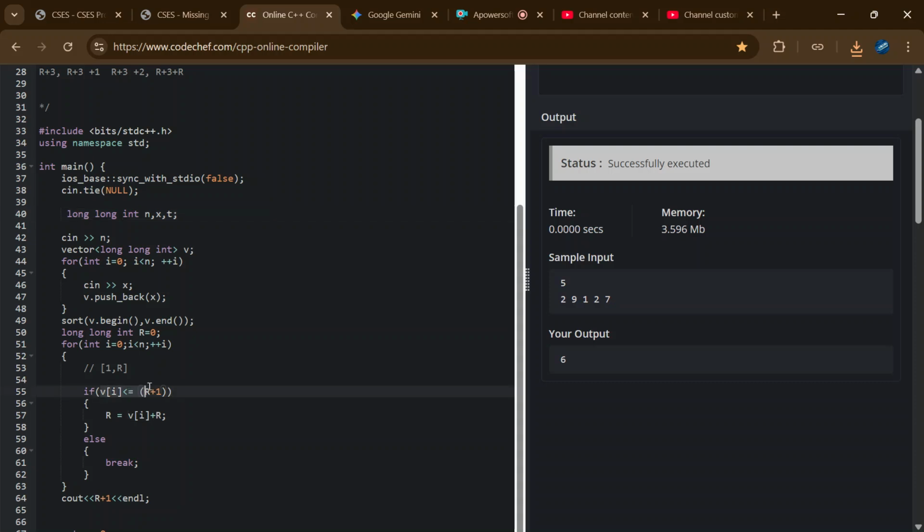If v of I is less than or equal to r plus 1, we can increase our range; otherwise we have found our answer. That's very simple. It's a long explanation, but if you rethink it yourself and try to understand it with ChatGPT or Gemini, you will get more clarity. Okay, that's it from my side.